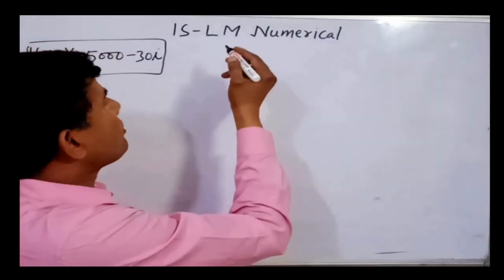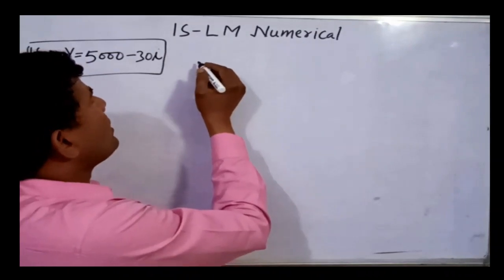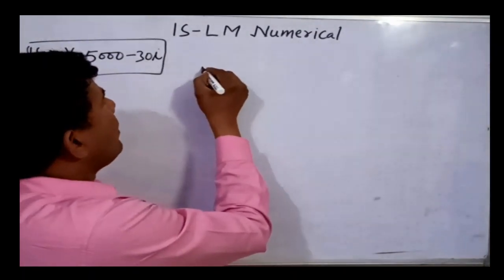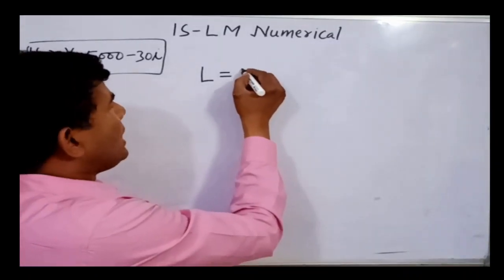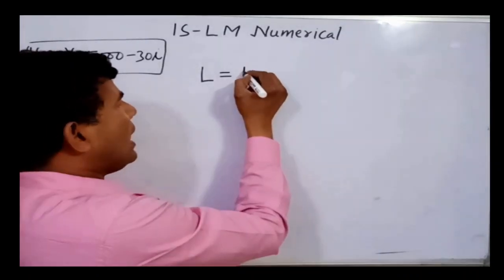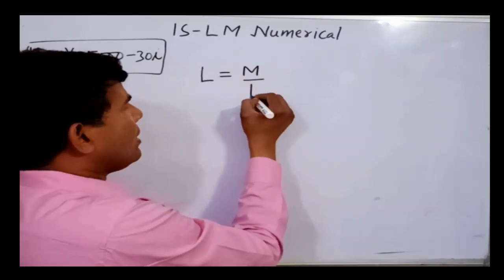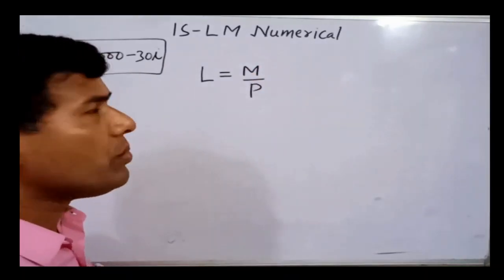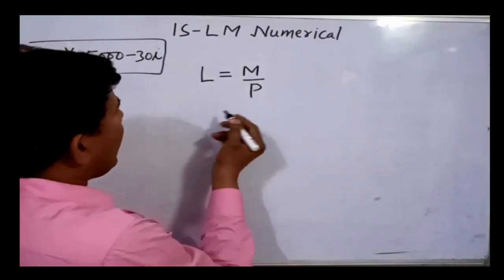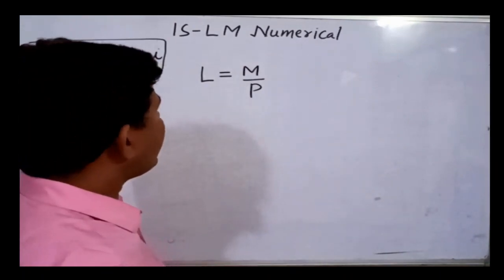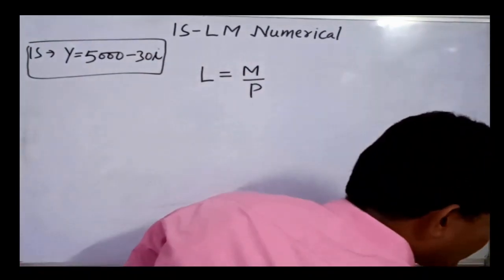And the condition of money market equilibrium is what? It is L is equal to money supply, right? And which money supply? Real money supply. So L is equal to M by P, right? Now L is already given, and what is L?